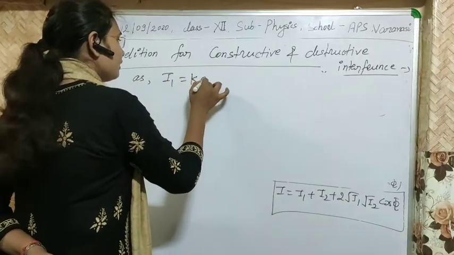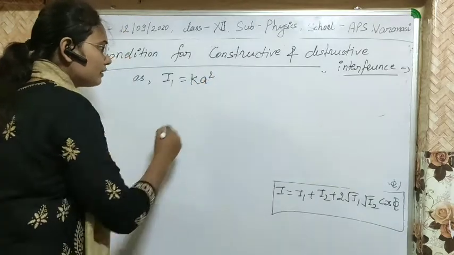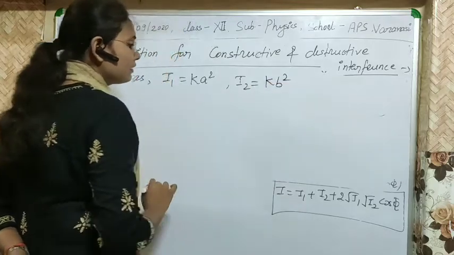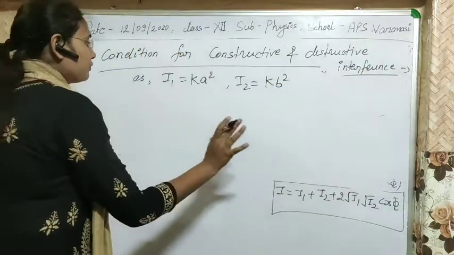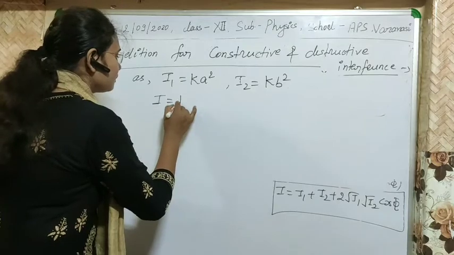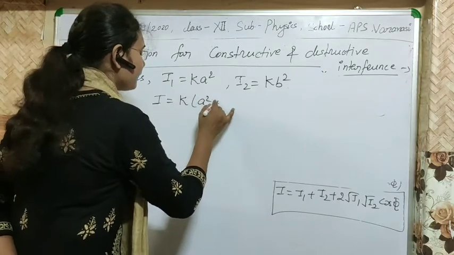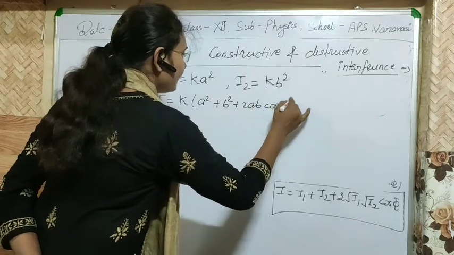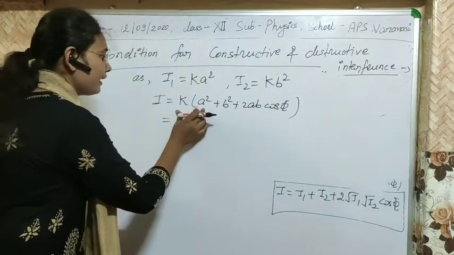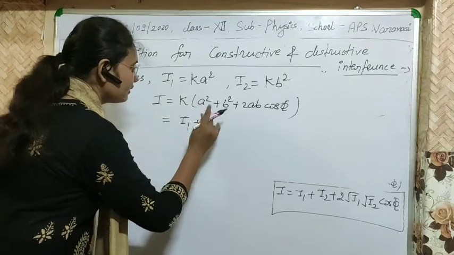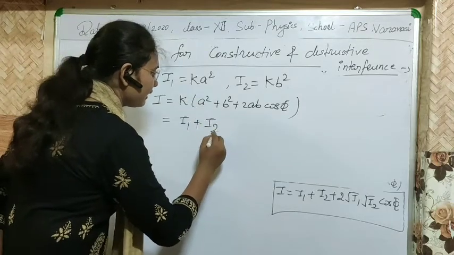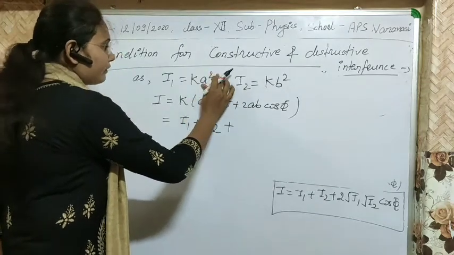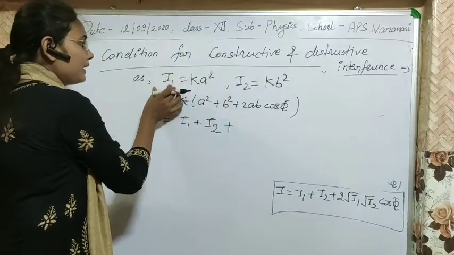I1 equal to k a square, I2 equal to k b square. So you can write I equal to k a square plus b square plus 2ab cos phi. K a square is I1, k b square is I2, and you can also determine the value of a from here, which will be root I1 by k, and b will be root I2 by k.